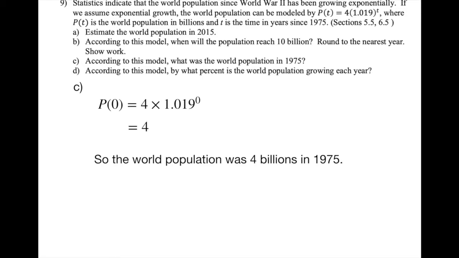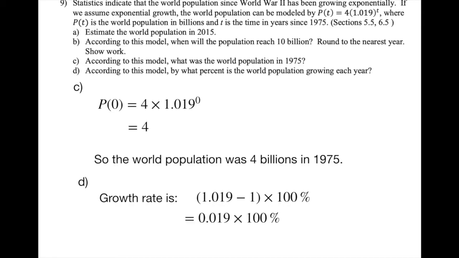Part D, what is the percentage the world population is growing each year? So this is to calculate the growth rate. For the growth rate, what you find is the base of your exponential function here. Use that minus 1 and times 100%. So 1.019 minus 1 times 100%.